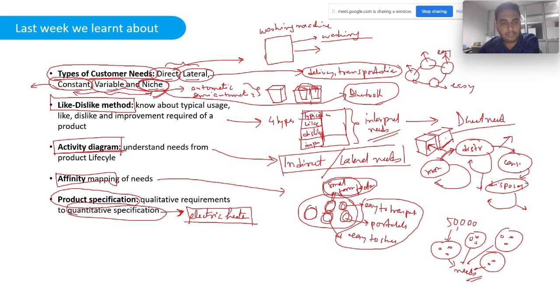Yes, the material also is a specification. What kind of material is used for making that product, because it determines the life cycle of that product.